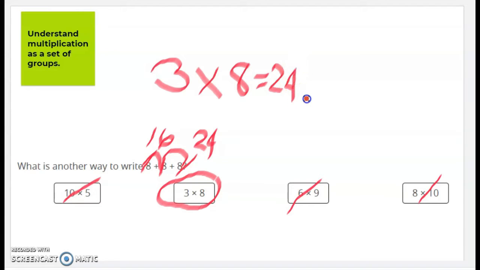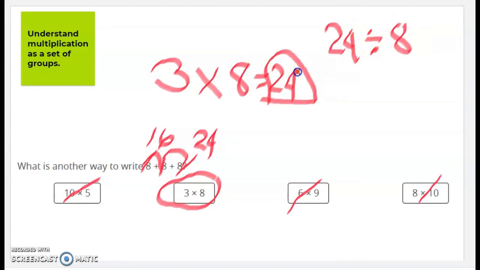Now we are going to use the inverse operation, dividing, by dividing 24 by 8. 24 divided by 8 is equal to 3.